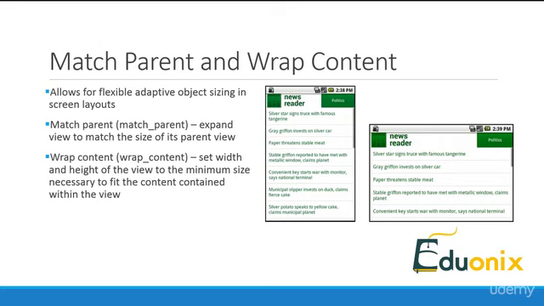For example, in a list of items, like the ones displayed here, we can declare that each item should have a width that matches parent. That will ensure that rows take up the full width of the list. Then we can declare that the height of each row should wrap the content of the text within. That will ensure that each row will only take up as much height as it needs to display its text.